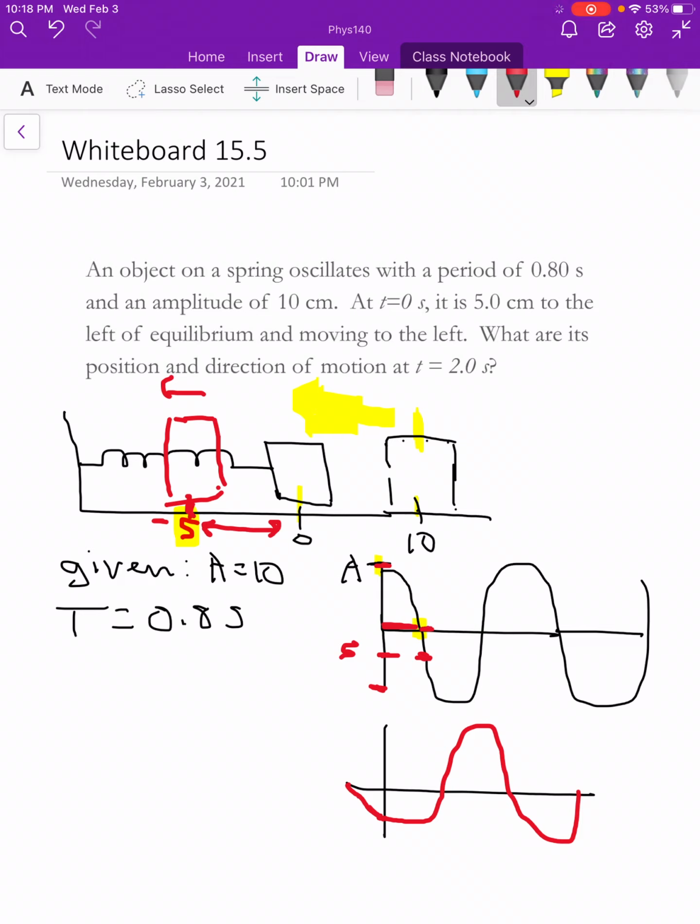Well, I know that cosine is equal to half of the amplitude when the angle is 60 degrees. I'm talking about this is my half, and so this theta right here is 60 degrees.